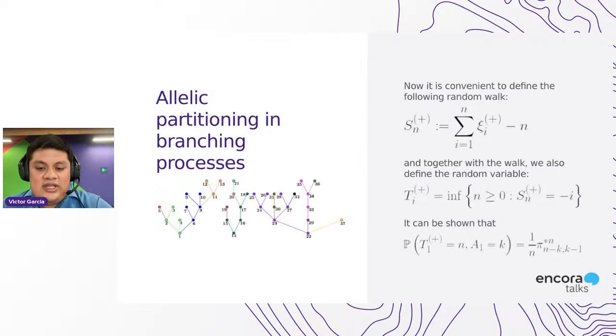In this way, we can use computer mathematics and this specific model, allelic partition in branching processes proposed by Bertrand, for estimating how many vaccines we will need and for predicting how long a new pandemic will last when it appears, and things like that.